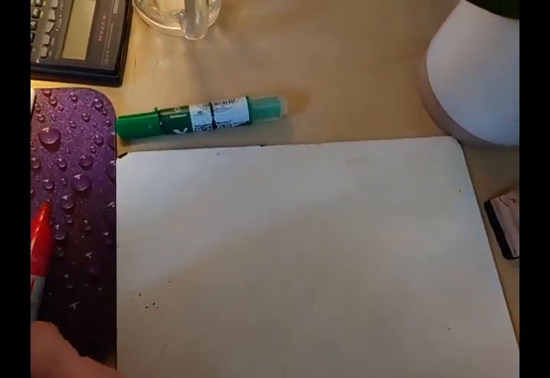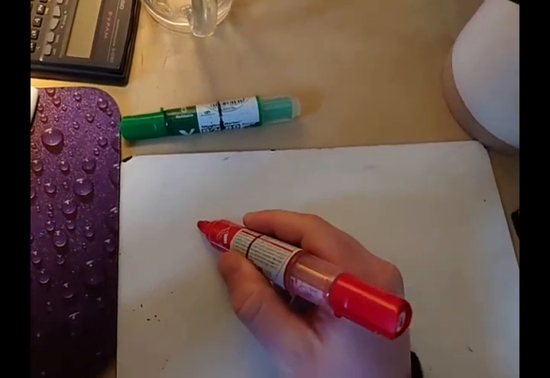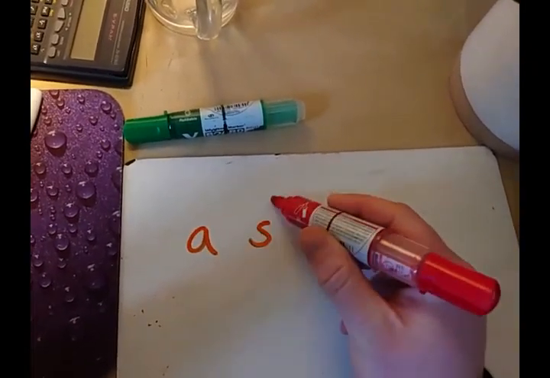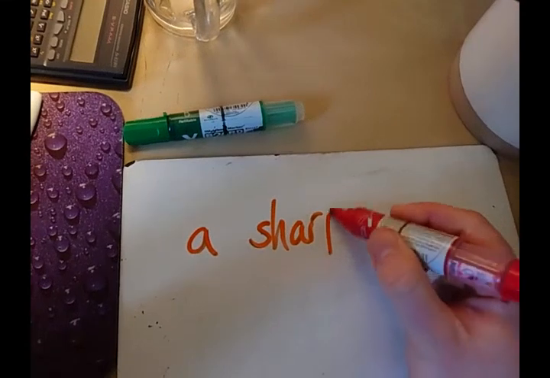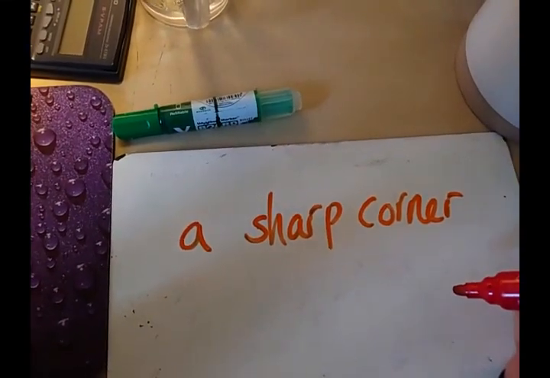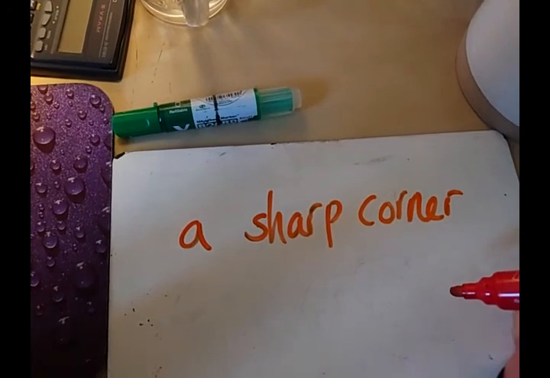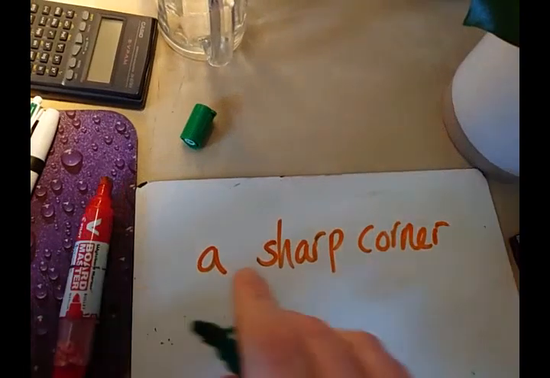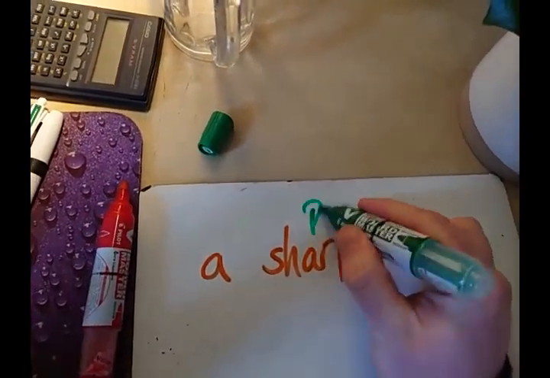Anyone know what we would call that? How about a sharp corner? A sharp corner. We call this a phrase. This is called a phrase.